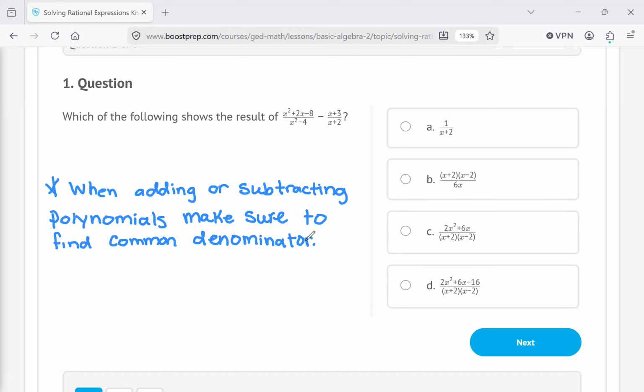So that's the first keynote. The other note is: when subtracting polynomials, make sure to distribute the minus sign.